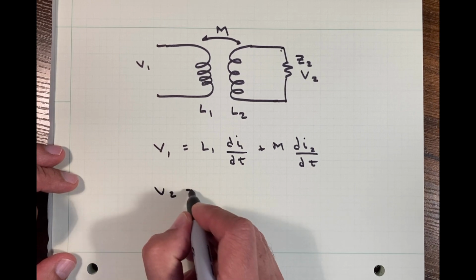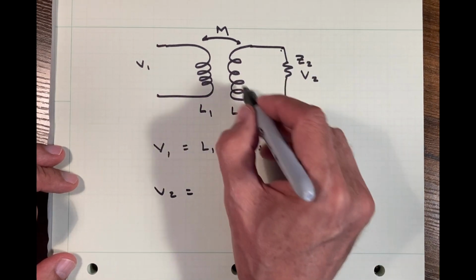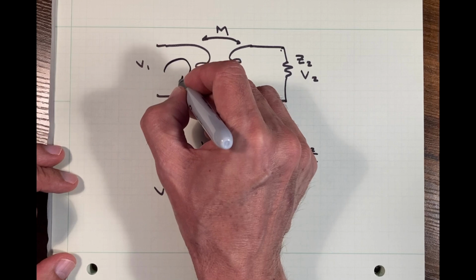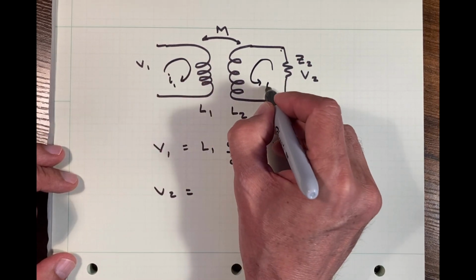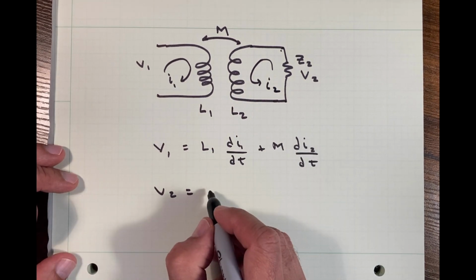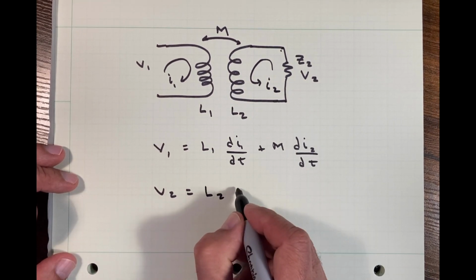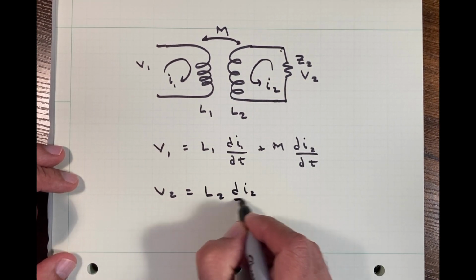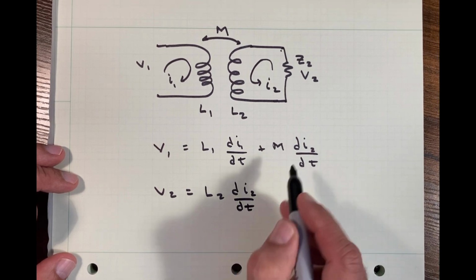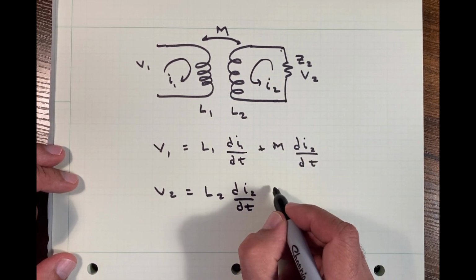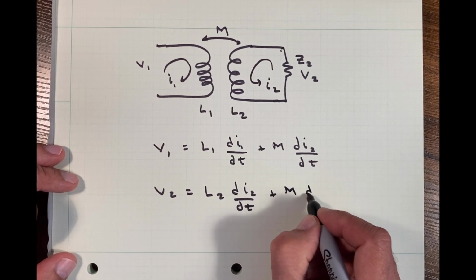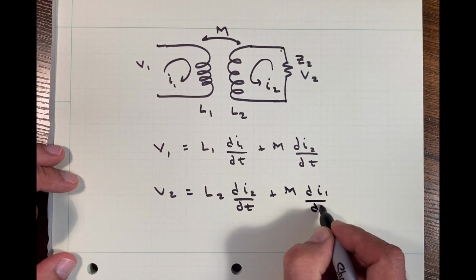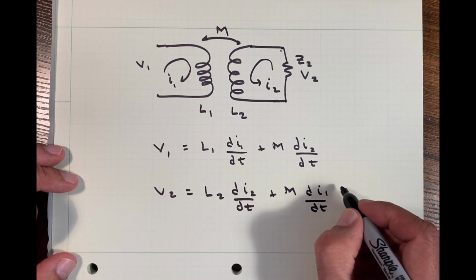V2, in other words, this voltage here, again, we're looking at I1 and I2. This one becomes L2 dI2/dt, in other words, the current I2 in the second circuit, plus M dI1/dt, and this is where that cross term happens.